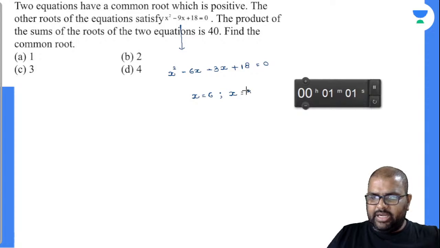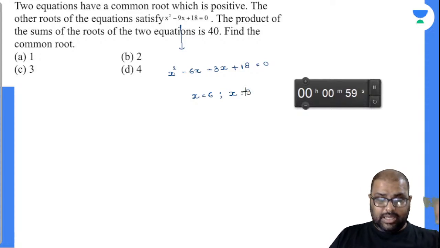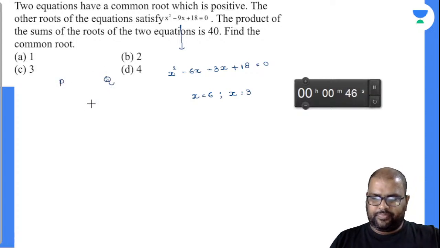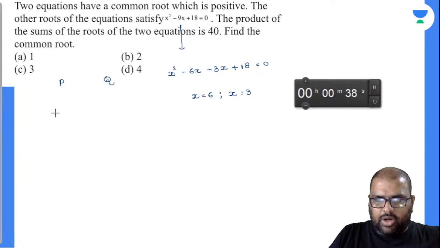So there are two equations. Let us suppose those equations are p and q. These two equations have a common root a.